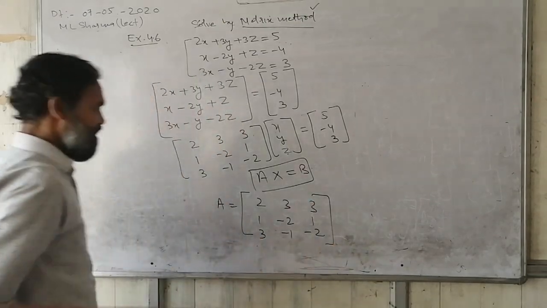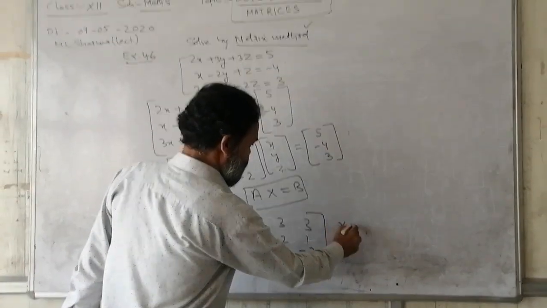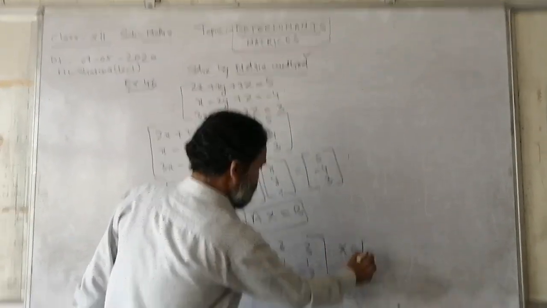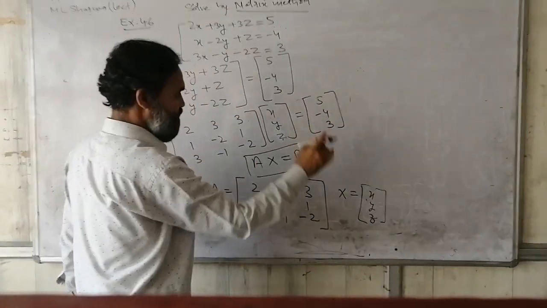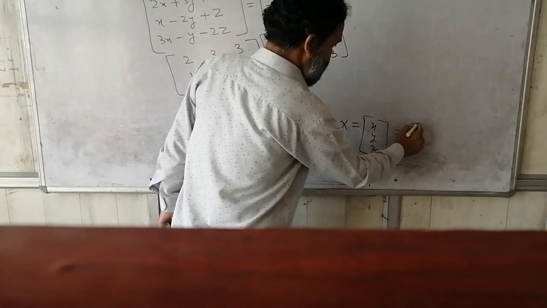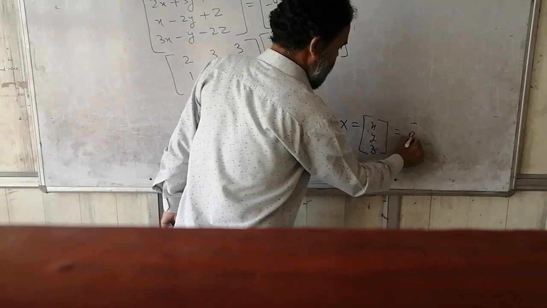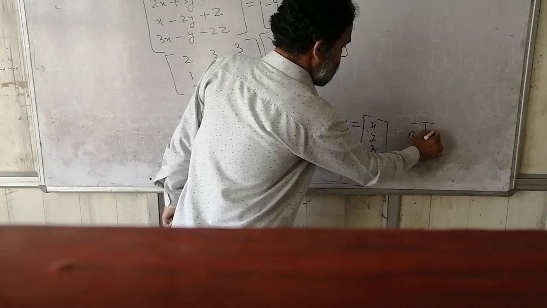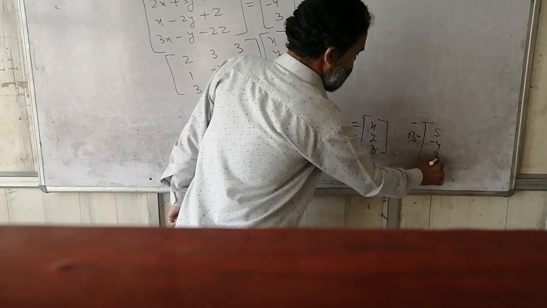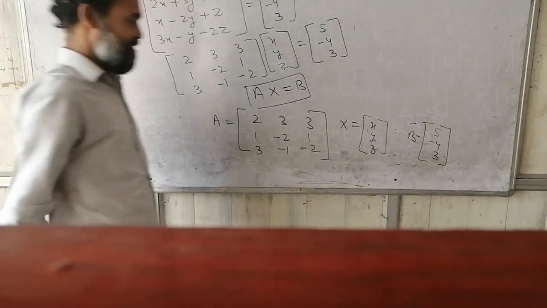This is the value of A, this is the matrix X, x, y, z, and this is the matrix B, 5, minus 4 and 3.